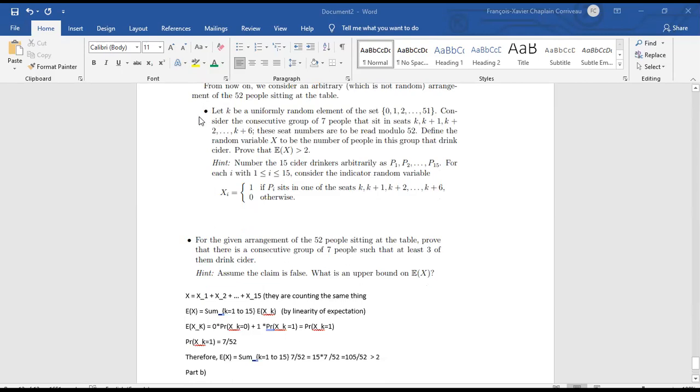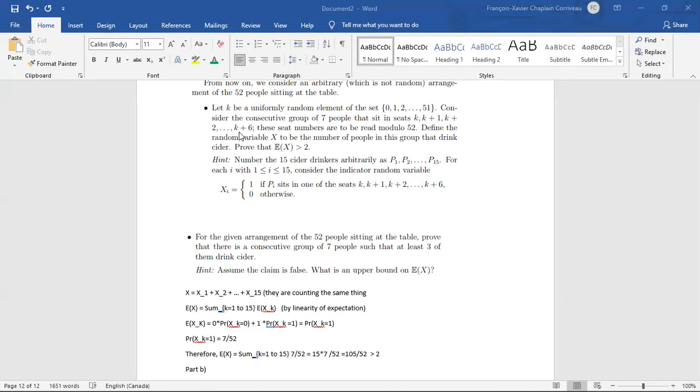Let's just understand part A. In part A, we showed that if I consider a group of 7 consecutive chairs, in that group I'm expecting to have more than 2 people drinking cider. So does that imply part B?